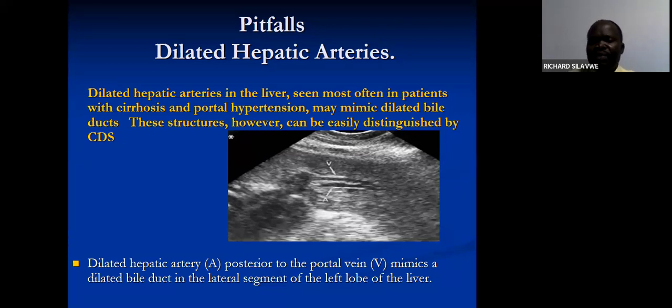Why? Because you have not done the settings properly. So you have to make sure the filter is okay and the PRF is okay. Then, if they are vessels, you'll be able to pick up color. If they are not vessels, you will not be able to pick up color.